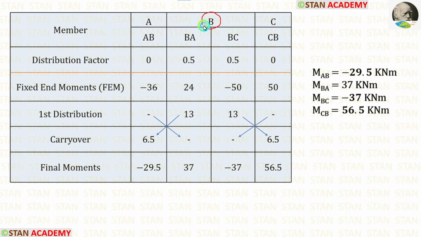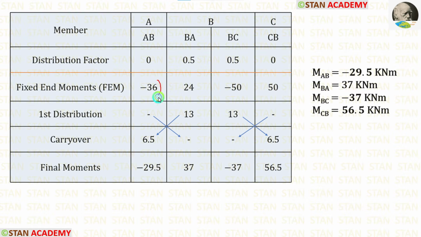In the joint B, we cannot make the distribution because there are no carryover. For AB and CB, we cannot make the distribution because their distribution factor is 0. In this case, let us stop the problem and add the values and find the final moments. We have to add the values from the fixed end moments.